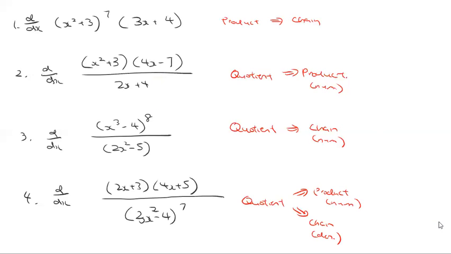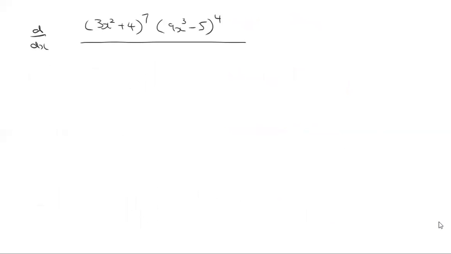And I could give you a question like this. Just running through it, you would need to start with the quotient rule, which means you will need to do the numerator and the denominator.